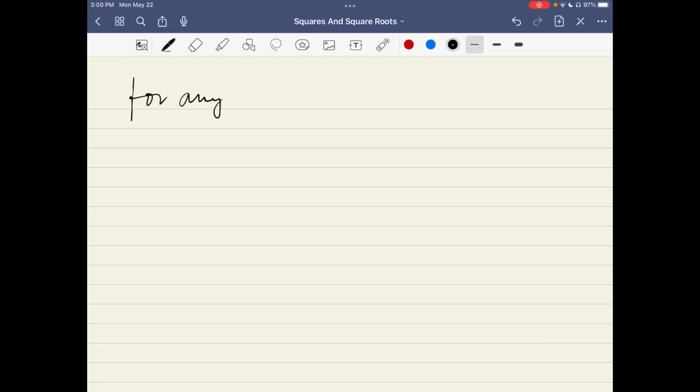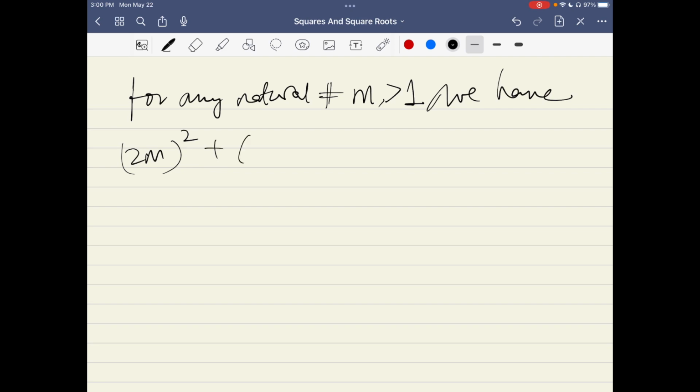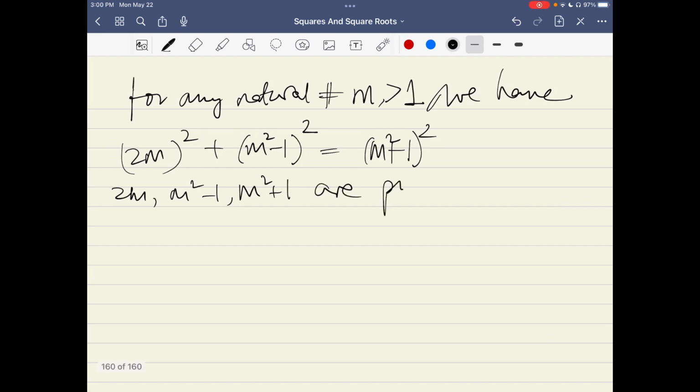So for any natural number m greater than 1, we have (2m) squared plus (m squared minus 1) whole squared equals (m squared plus 1) whole squared. So 2m, m squared minus 1, and m squared plus 1 are Pythagorean triplets.